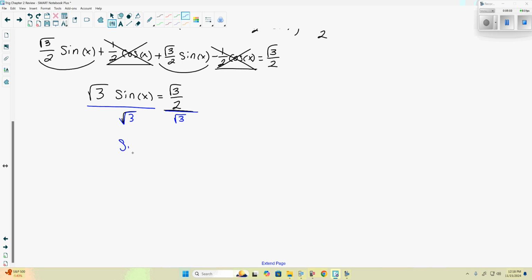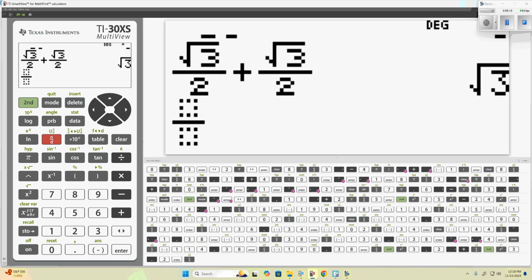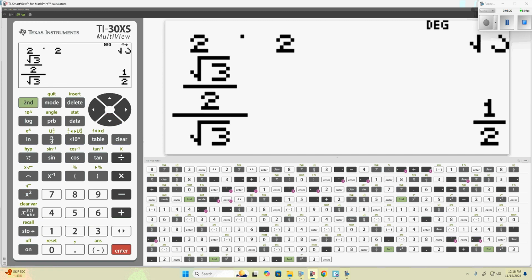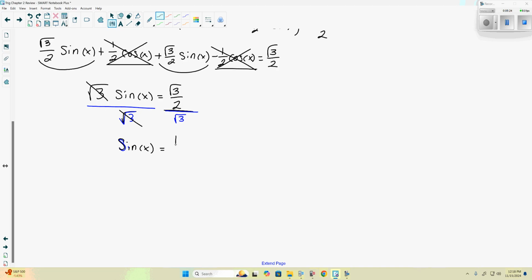So this here will give us sine of x, because our square root of 3 divided by square root of 3 would be 1. Now we do need to take the square root of 3 over 2 and divide it by the square root of 3, which will give us 1/2.